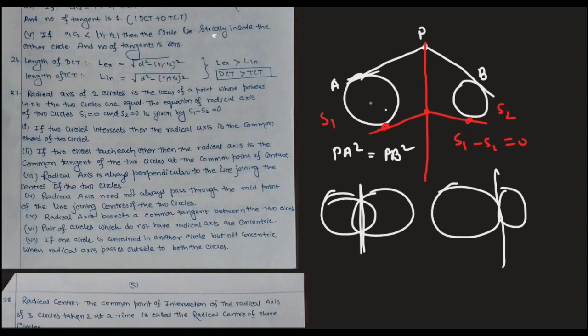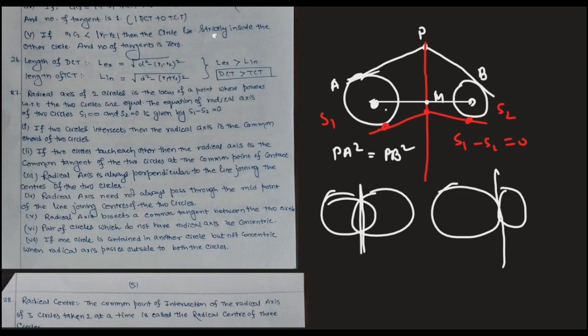Suppose this one and this one, so this point M cannot necessarily be the midpoint. It depends on the radius of the circles where M will lie, so it is not necessarily passing through the midpoint of the line joining the centers of the circles.